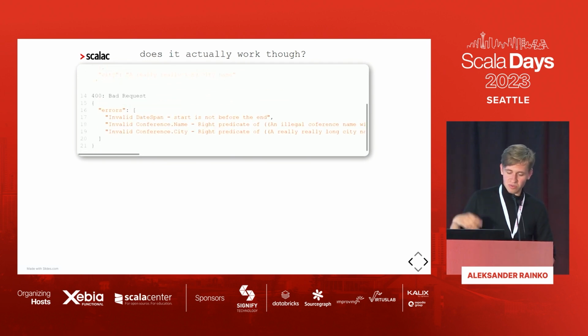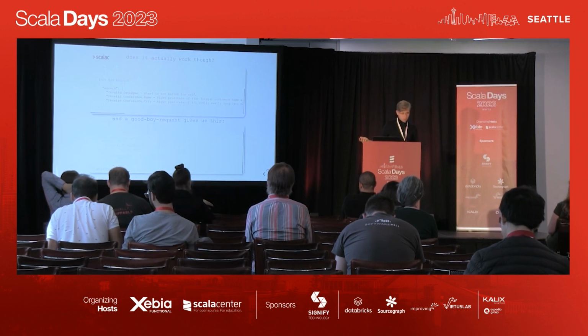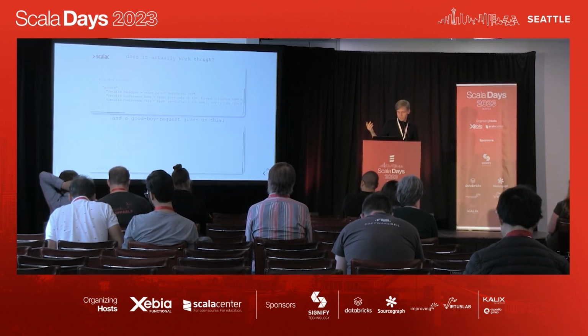That's what we get as a response. So we get all of the errors accumulated for us for free, which is exactly what we want. And then for a request that actually abides by the rules, we'll get a 201. And that's basically it.